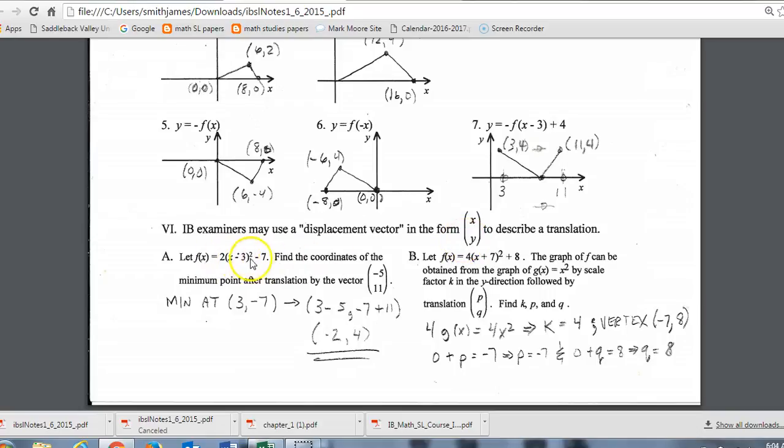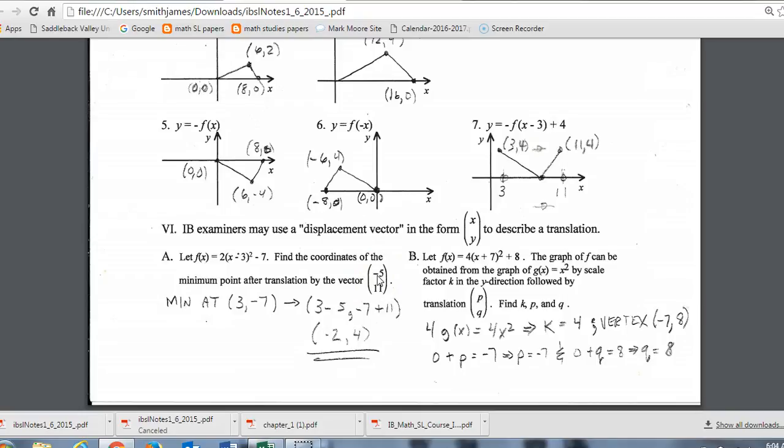So here's the original graph that we have right here. You can see this is a parabola, and it would have had a vertex at 3, negative 7. But if I take this graph and I affect it with this vector, and this is key, with vector notation, you do not do the opposite of what you would think for the x's. You do exactly what you see here for both coordinates.